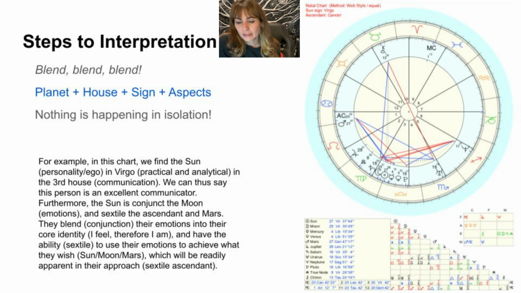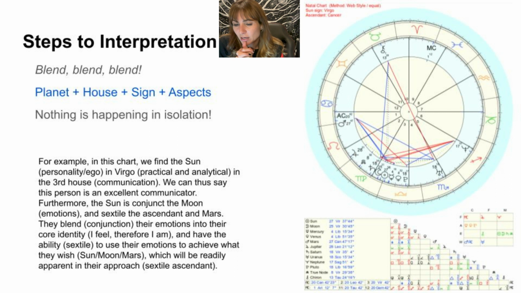And then we're going to bring that into the moon, emotions. So now we're saying that the core personality is blended with the emotional self. So they feel something and they identify very, very strongly with how they feel. It can even override their ego self. The emotions can override it. So something that Helena Astro Countess will say is it's an emotional blind spot when we have the sun and moon in conjunction.